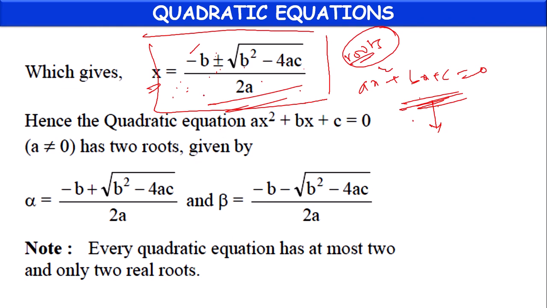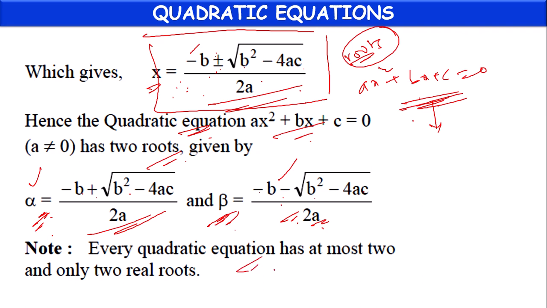The two roots are: one is minus b plus root of b square minus 4ac by 2a, let us consider it as alpha. Another one is minus b minus root of b square minus 4ac by 2a, let's consider it as beta. So every quadratic equation, as per Sridharacharya method, will have two roots, one root equal to alpha, one root equal to beta.